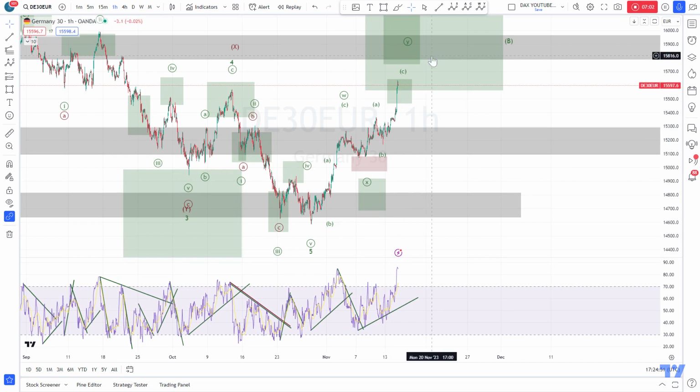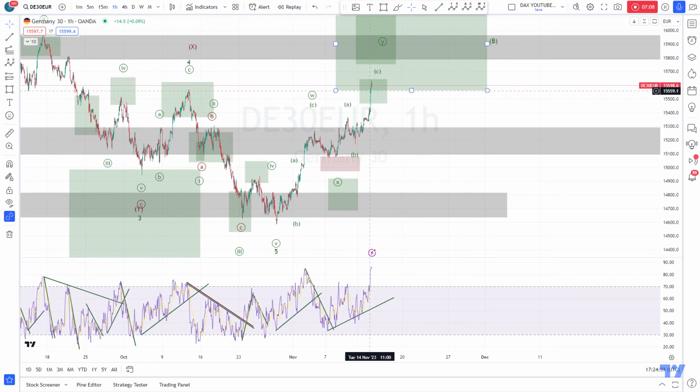But again, with the data we have now, it's quite early to call for this. We are sitting here on this level and we need a bit more data to better interpret what might be coming.